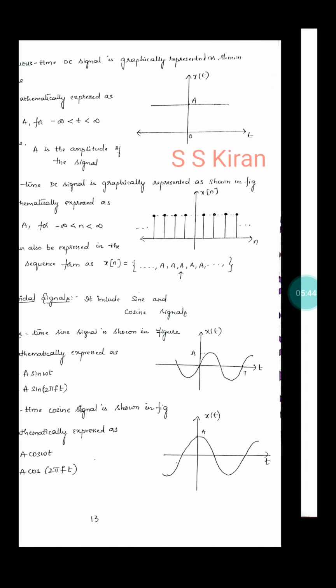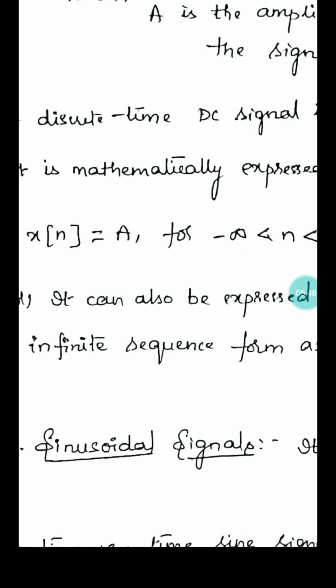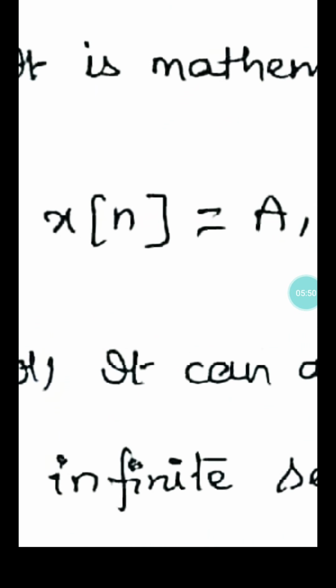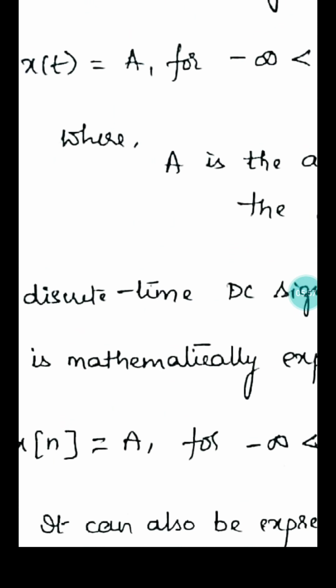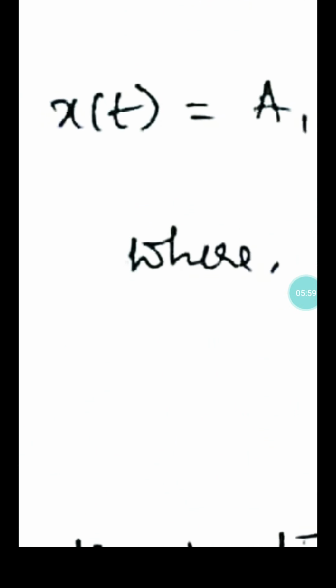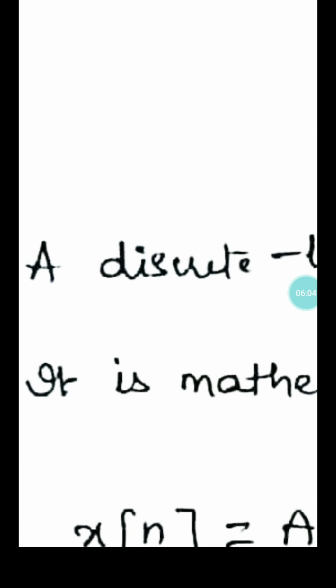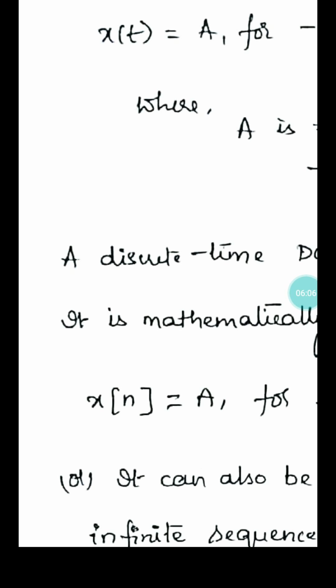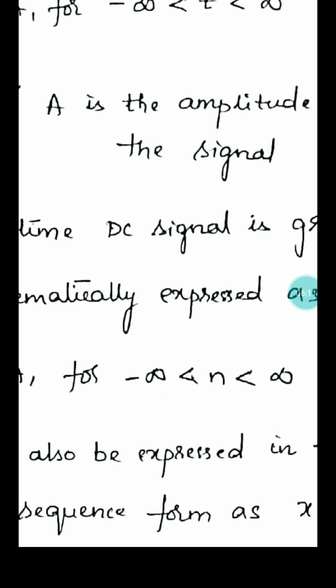Coming to the expression in equation, we denote x of n for a discrete time signal, whereas we take x of t for continuous time. x of n equal to A, same condition maintained, minus infinity less than n less than infinity.